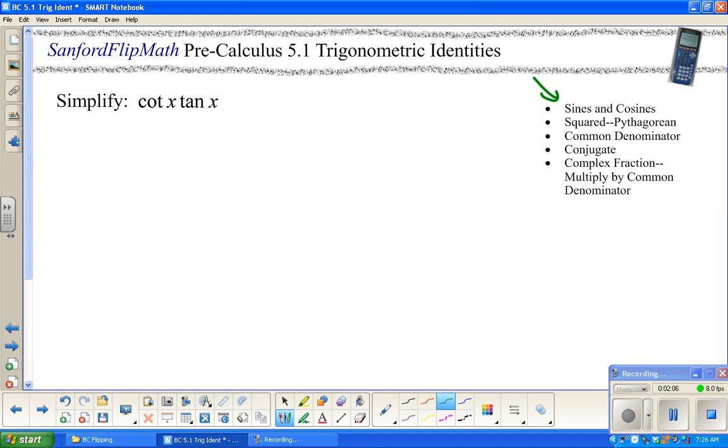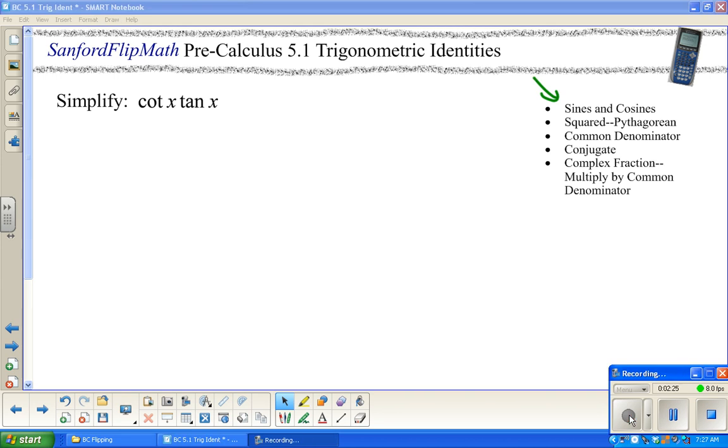Every single trig function can be written as either something about sine or something about cosine, or a combination. Like tangent is sine over cosine, cosecant is 1 over sine, etc. There are lots of ways to rearrange things, but I would start there if you're not sure what to do. Now you're not always going to want to do that.